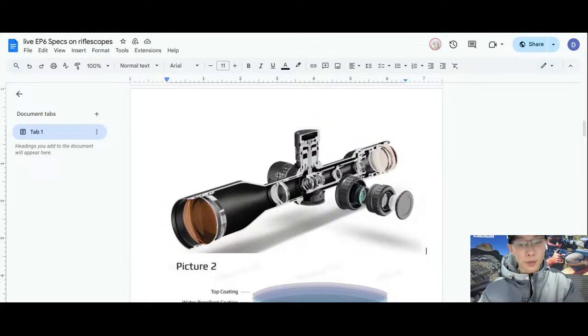But just for average people's understanding, you only have three pieces of lens to work the image before it goes through the reticle. But compared to the second focal plane scope, if you are putting the reticle right here, going from the front to back, you have so many lens elements you can work with to correct the image, including the erector tube that controls the magnification.